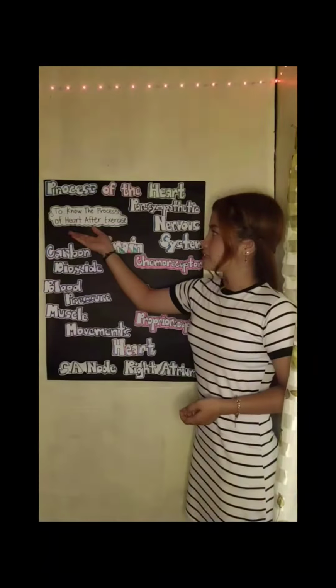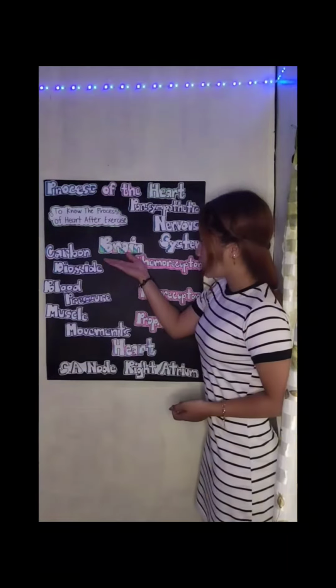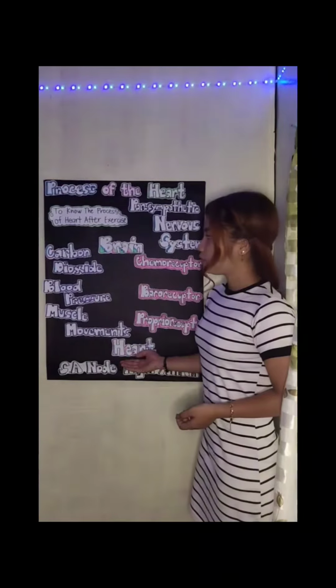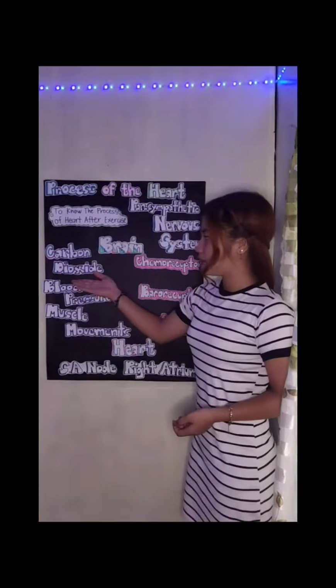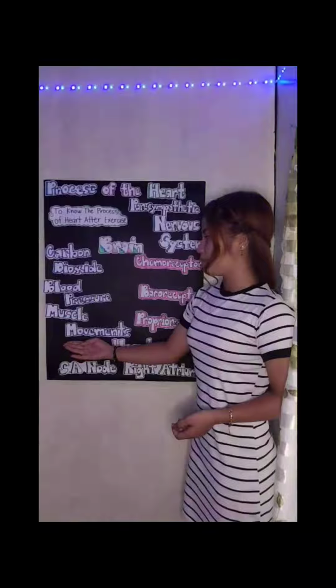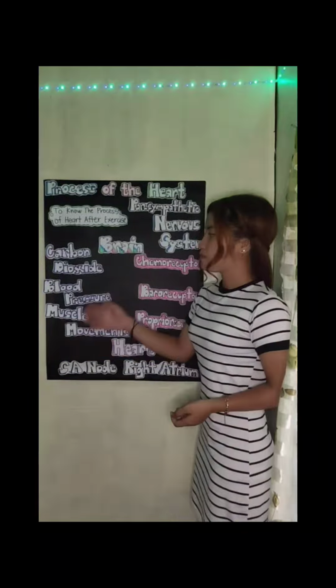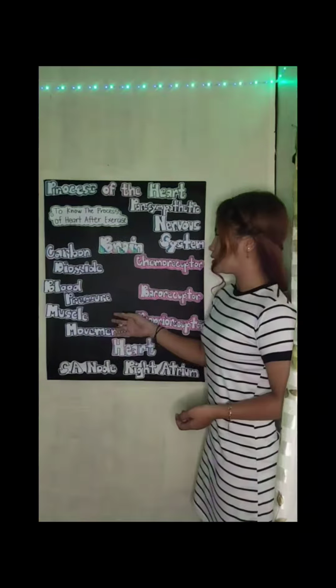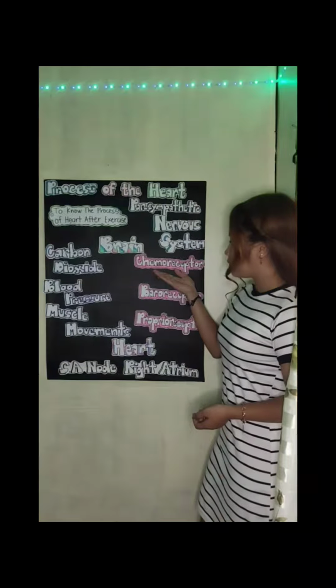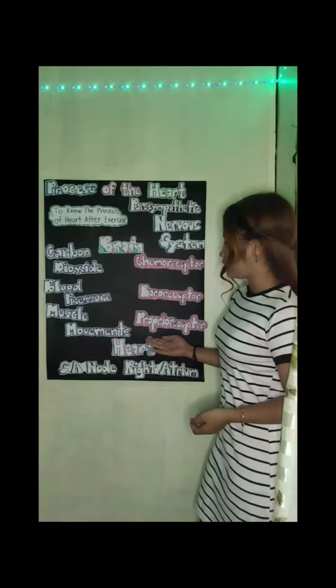For our third objective, to know the process of the heart after exercise, we have 2 major parts, the brain and the heart. And we have 3 components: the carbon dioxide, blood pressure, and muscle movements. These 3 components have their own receptors: the chemoreceptor, the baroreceptor, and the proprioceptor.